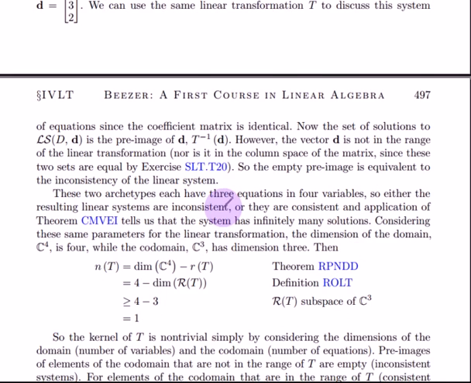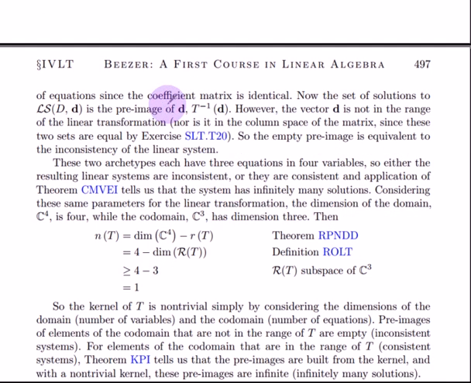We can identify the solution for Dx equals d. That's the same thing as the pre-image of d. It's the inverse image of this linear transformation. Here T, I probably should put a D here, because that's the matrix that you're applying. This linear transformation T is the transformation associated with the matrix D.